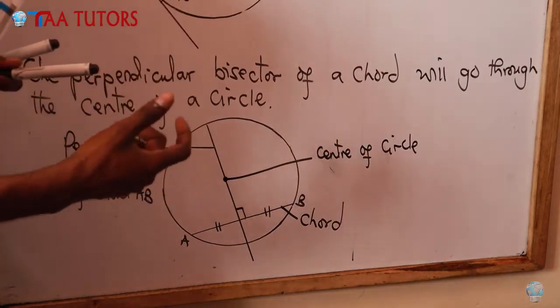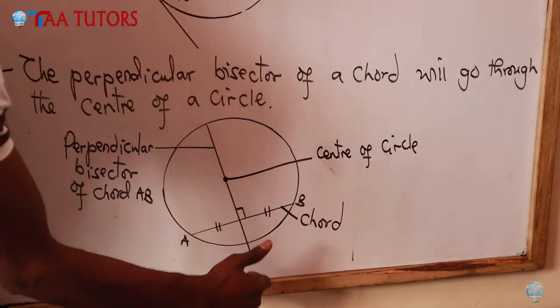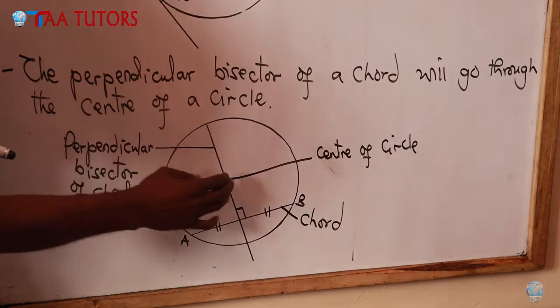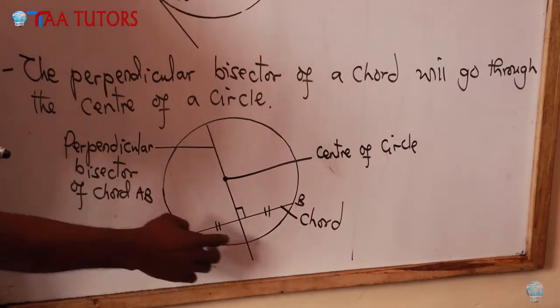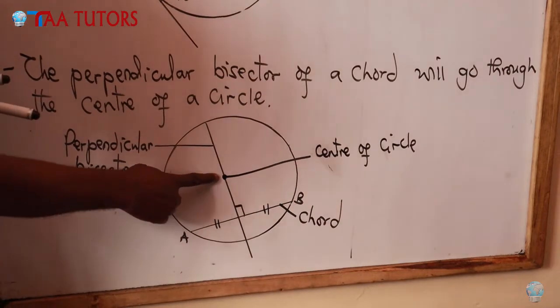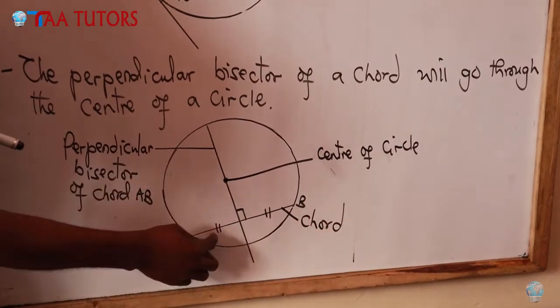Since we have understood the relationship between the bisector of a chord and the radius, it's now very easy to understand that if we have a chord here and we draw a perpendicular bisector, that bisector must divide this circle into 2 equal parts, this half and that half. It means that this perpendicular bisector will pass through the center of the circle and divide the chord into 2 equal parts.